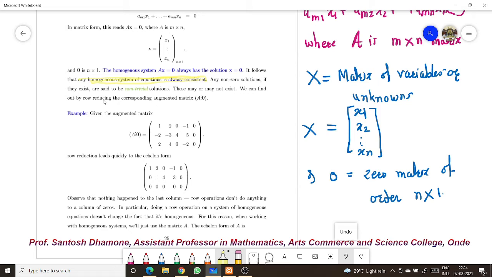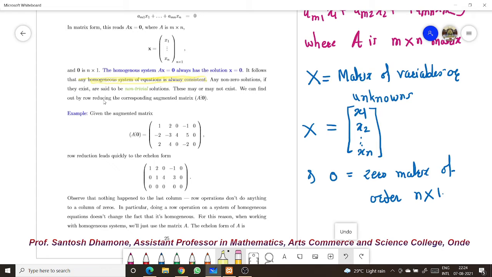Given the augmented matrix, we know that the augmented matrix is written in the form of matrix A slash B. Row reduction leads quickly to the echelon form.